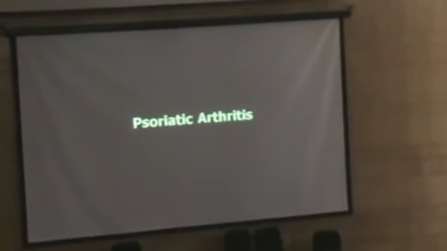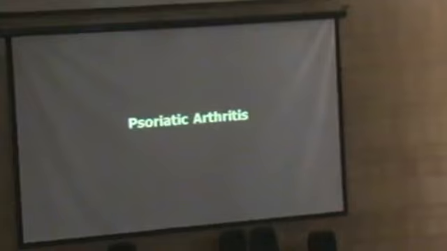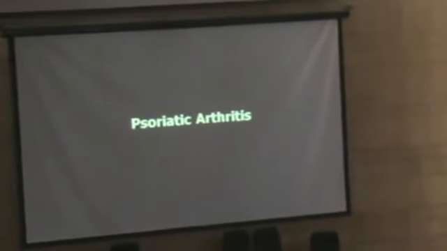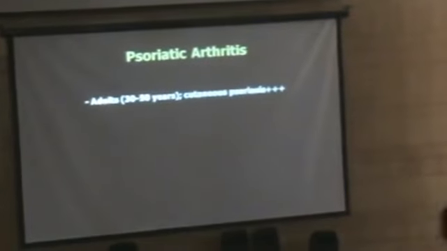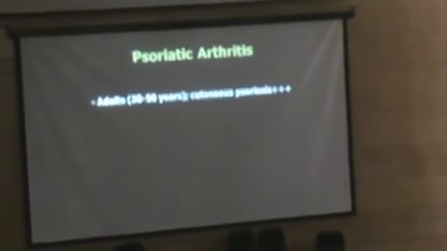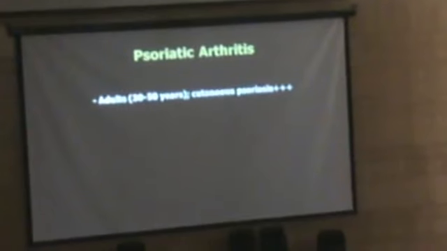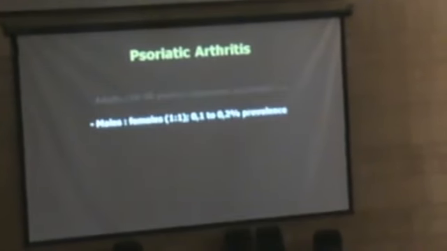So let's go faster for other types of psoriatic spondyloarthropathies. So psoriatic arthritis involves adults between 30 and 50 years of age, and especially those with cutaneous psoriasis, and we're going to show examples of that.